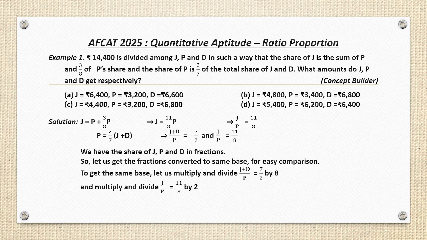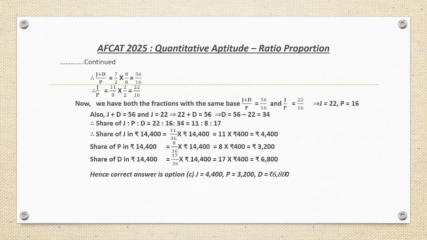So we should get the same number in the denominator. So we have to multiply J plus D by P by 8, that is 2 into 8 equal to 16, and J by P by 2, that is 8 into 2 equal to 16. So that is how we are going to equate these two fractions.